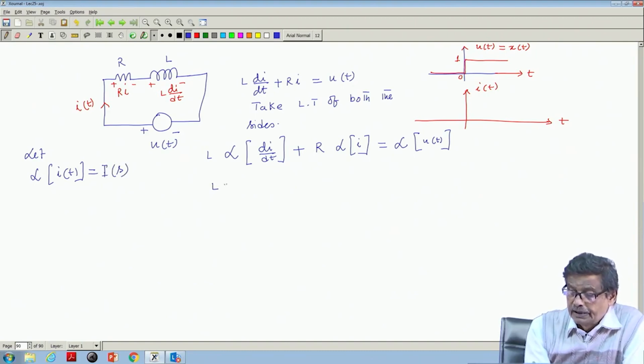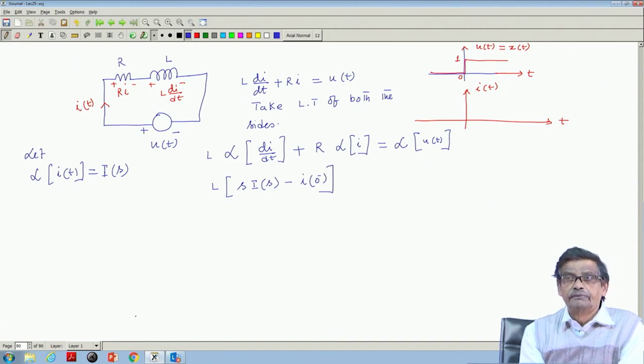So, this one L into what will be there? Laplace transform, it is sI(s) minus i(0-).